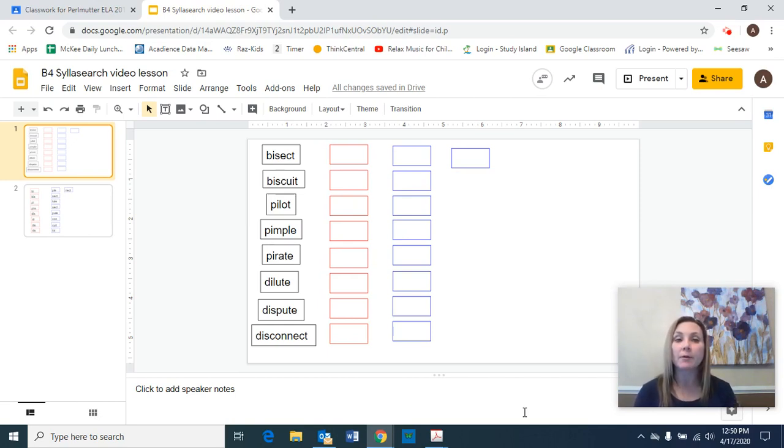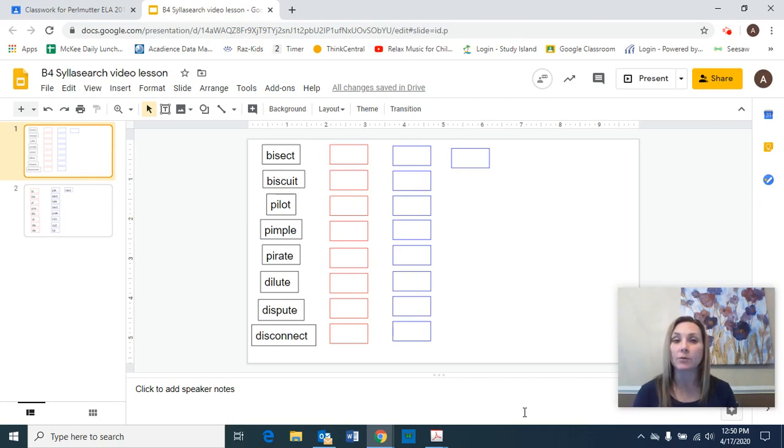The first thing we're going to do is look at each word, break those words up into syllables, and count those syllables. Okay, let's look at the first one. Bisect. I want you to say bisect in your head. Now let's break that up. Bisect. How many syllables are in bisect? 2, correct.